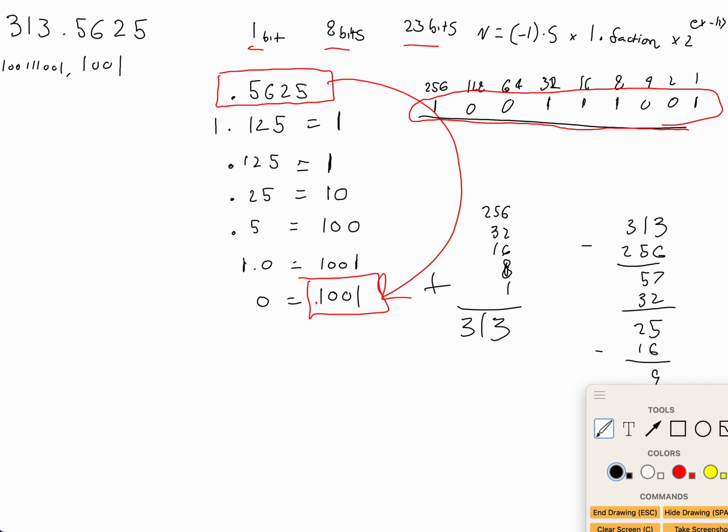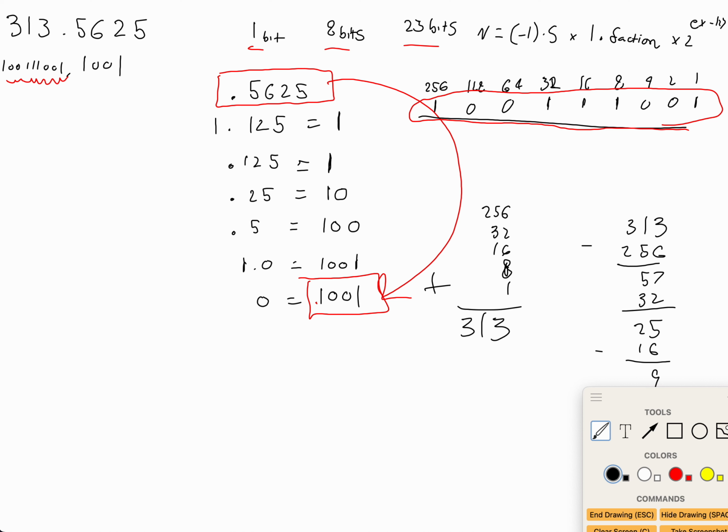Okay, so in this case the normalization process is just moving the binary point over 1, 2, 3, 4, 5, 6, 7, 8 spots.